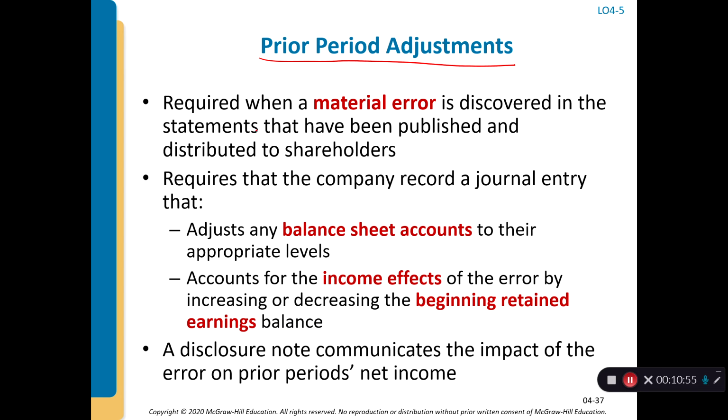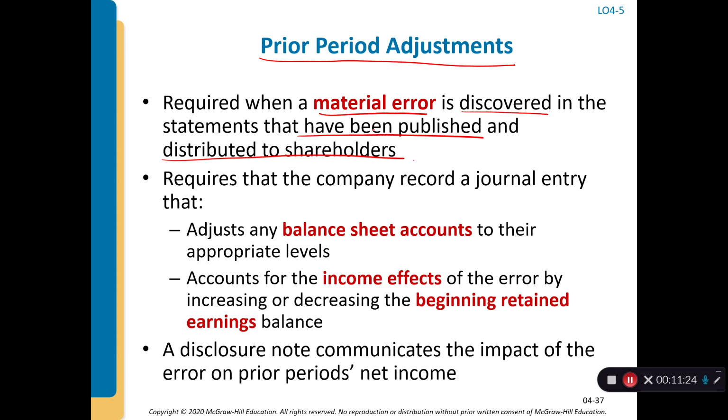Prior period adjustment is required when a material error is discovered in a statement that has been published and distributed to shareholders. In other words, assume that after its financial statements are published and distributed to the users, a company discovers a very big amount of errors in its financial statements 5 years ago. What are they going to do about this?